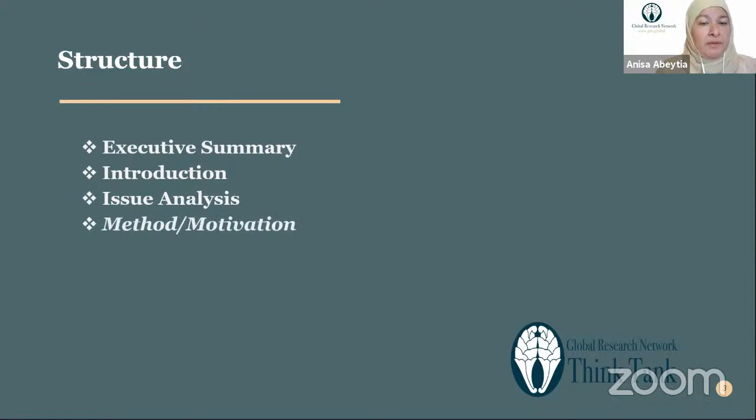Next, your method and motivation. This isn't the same as when you're writing a method section, where you discuss whether it is qualitative, quantitative, or mixed method. Much of it is your motivation: why you were drawn to this topic, why this topic is important, or why the reader should think that this topic is worthy of attention.